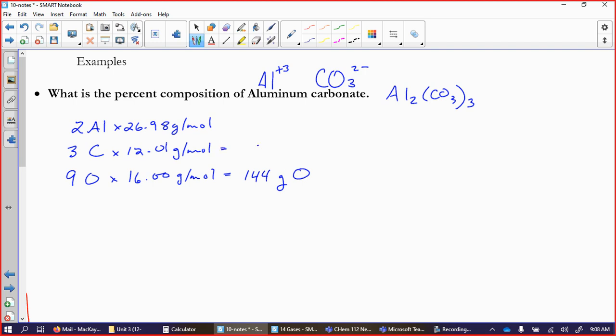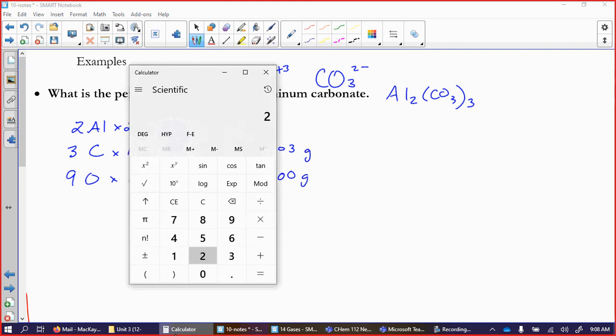This is 36.01. Oh, I gotta do this. It's not 0.01, it's 0.03. Oh, I can't do that in my head 2 times.